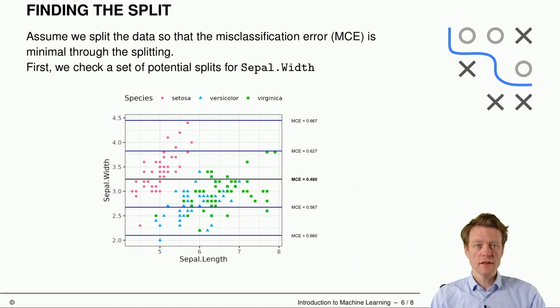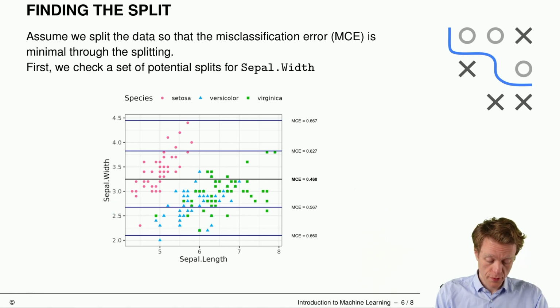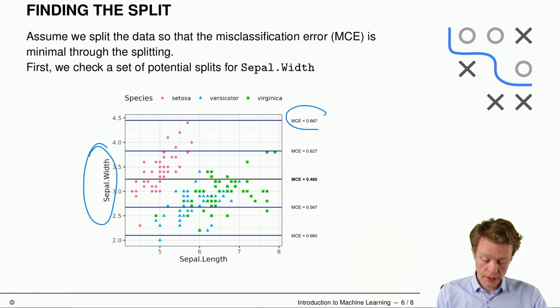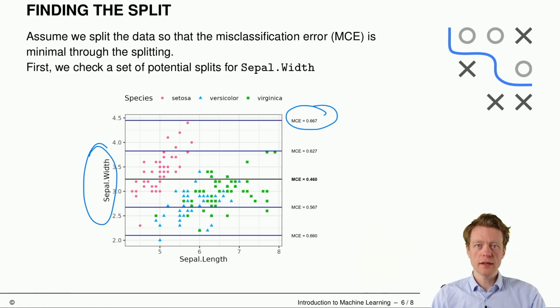So once again, how do we find a split point? We just try out everything, as told before, but now here we have some numbers for you as well. First we just look at sepal width, those horizontal splits. And for each horizontal split, we get the left and the right child node.